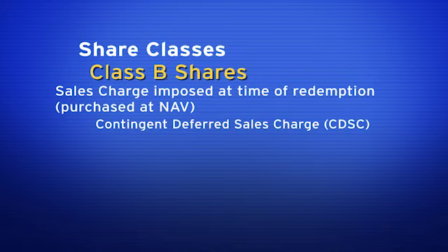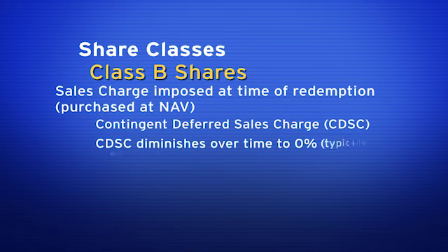This back-end load, the contingent deferred sales charge, the CDSC, diminishes over time. Eventually, the back-end load would diminish to zero. This typically occurs somewhere between year 5 and 7.